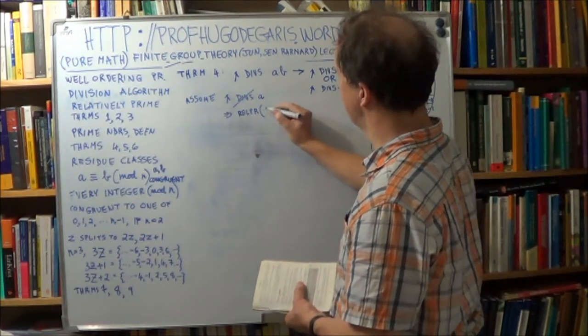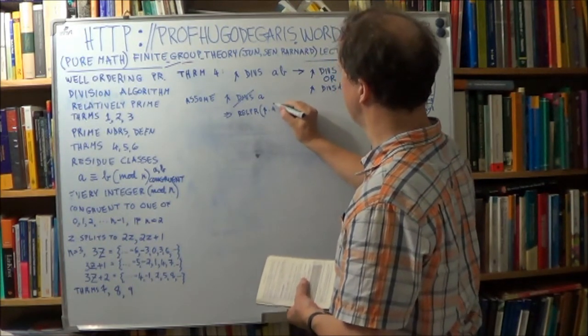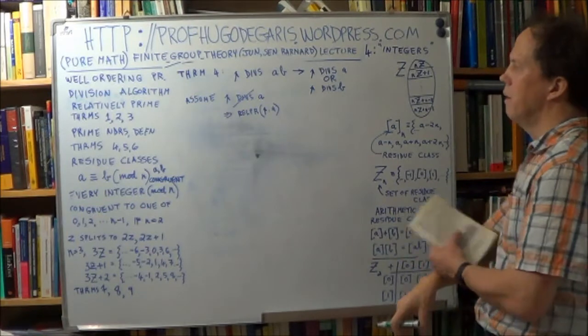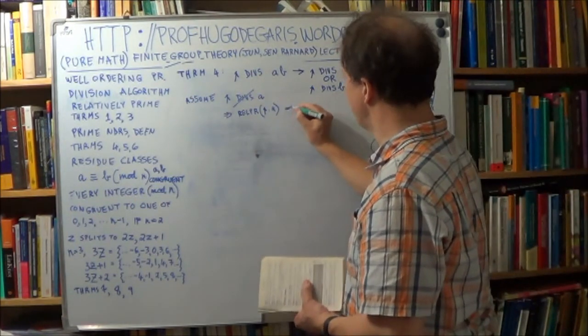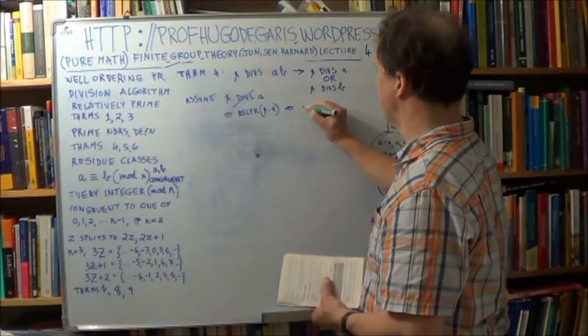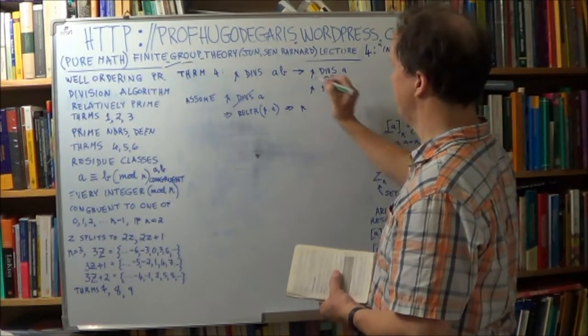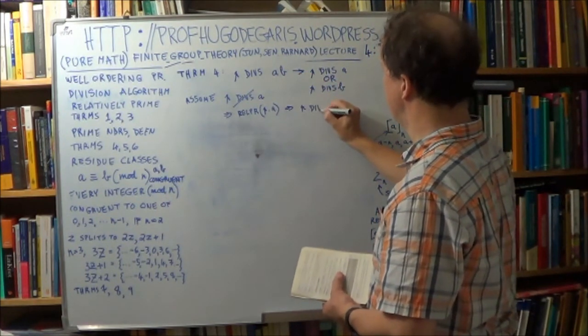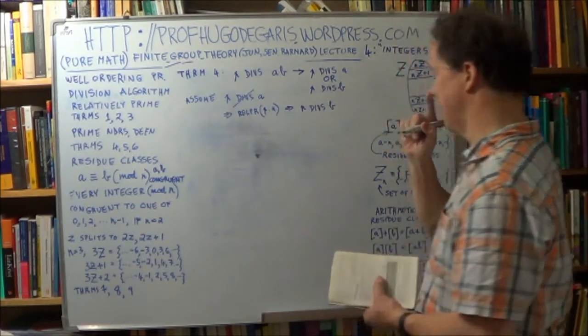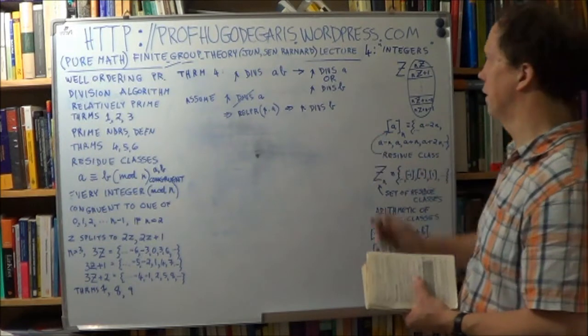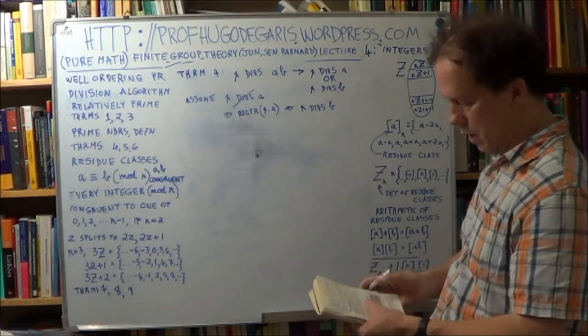So P and A are relatively prime, but P does divide the product, and theorem 2 says that P must divide B. So P divides B. P is a factor of B.